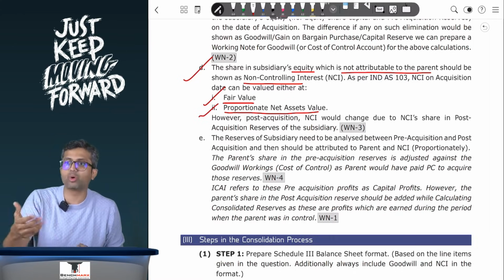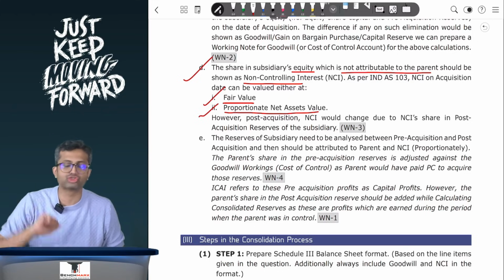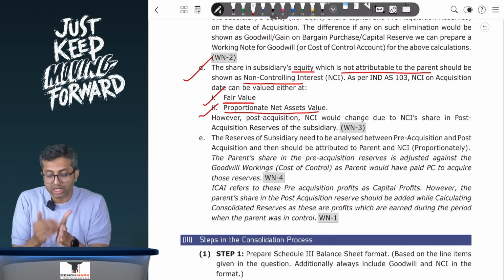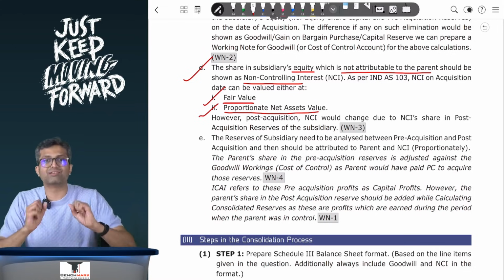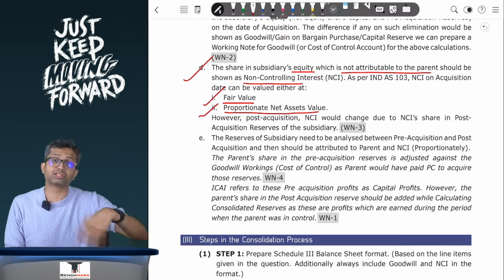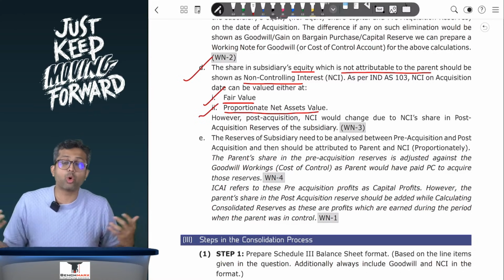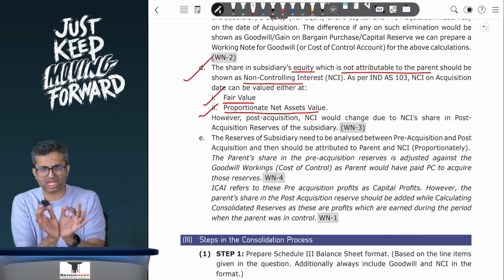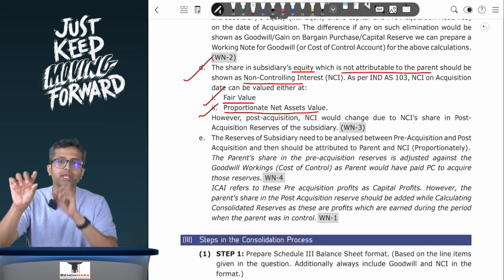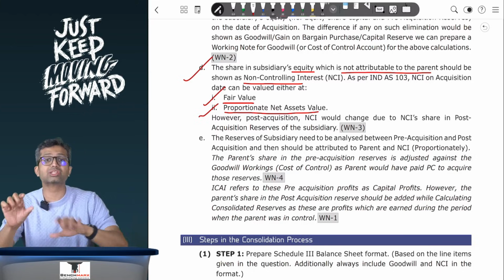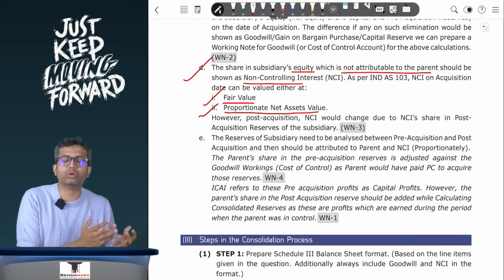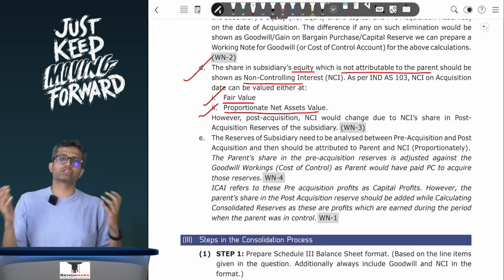If Tata Motors acquires JLR from Ford, on the date of acquisition Tata Motors will get 70% of the share capital of JLR, but at the same time 70% of the reserves that are appearing in Ford's books are also now acquired by Tata Motors, and hence I will try to eliminate the investment against 70% of the net worth, which is the same as 70% of the net assets.